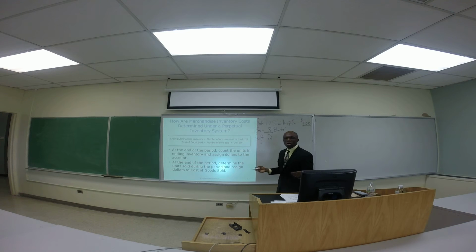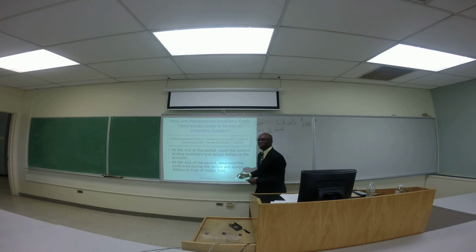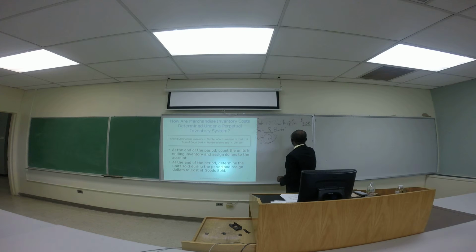At the end of the accounting period, the question is, what is the ending inventory? In quantity, we have 2 units left. But that is not what we are going to report on the balance sheet when we prepare the financial statements.